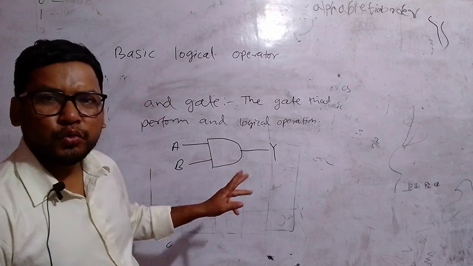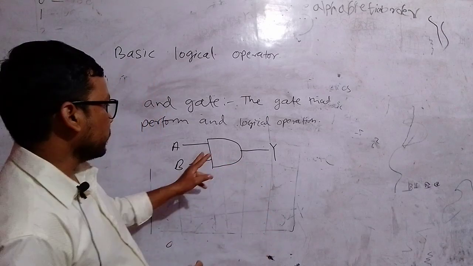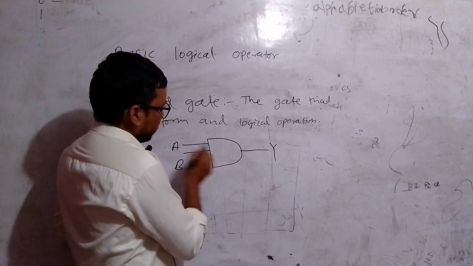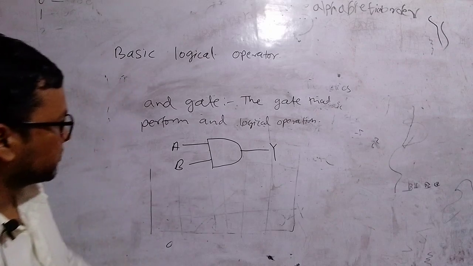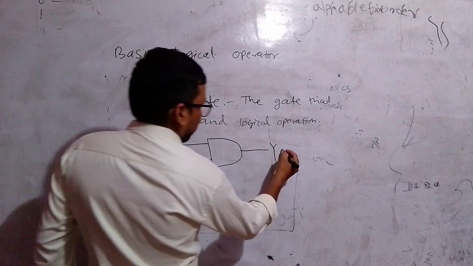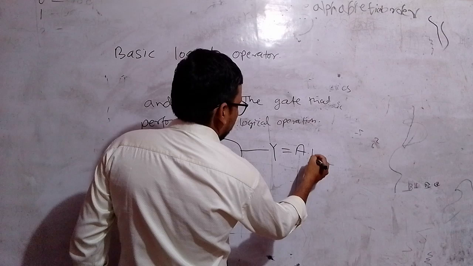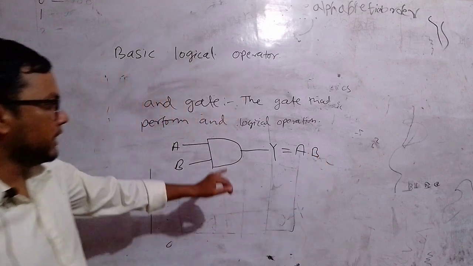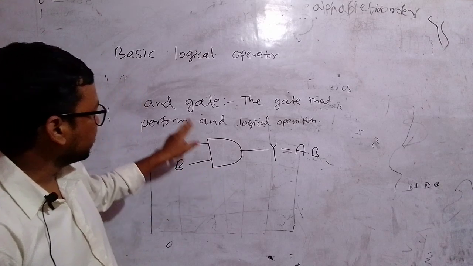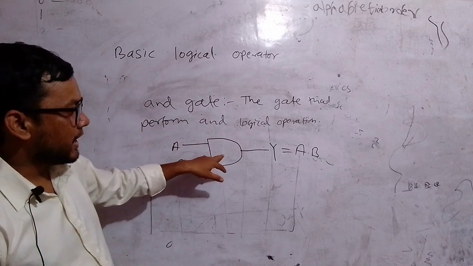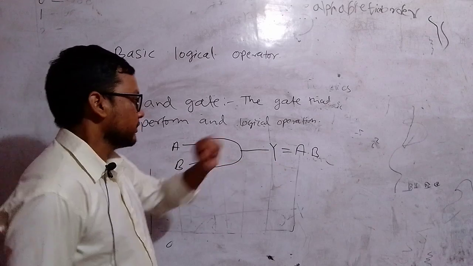This is called the two input AND gate because it has two inputs. If we add another line, then it is called the three input AND gate. Y equals A dot B, or A and B. This is the diagram of the AND gate, and this AND gate performs the AND operation.